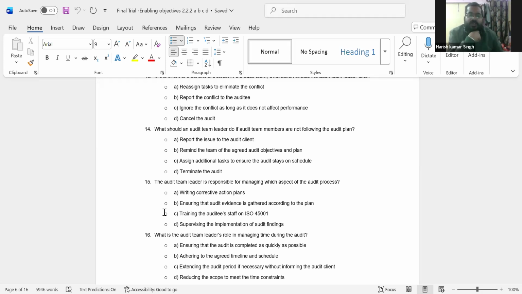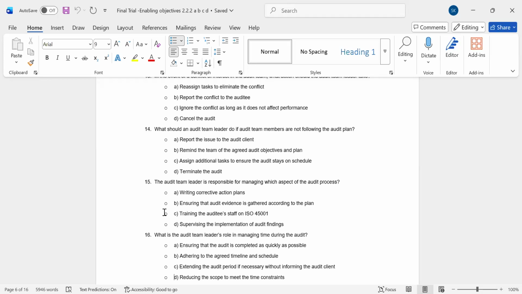So I believe B, sir. Remind the team of the agreed objectives and plans. Right. Very good. All members have to stick to the schedule and complete the work as assigned. So reminding the team of the agreed audit objectives and plan is the best action in such a situation.